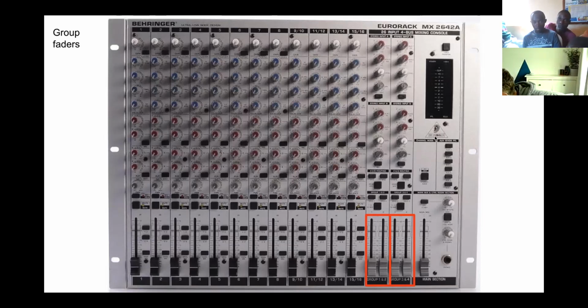Then the next ones, which are over here, these ones again are for listening in your headphones to the monitors that are on the stage. You can see here it says aux, sends, PFL.